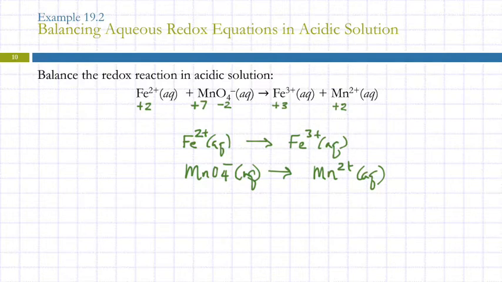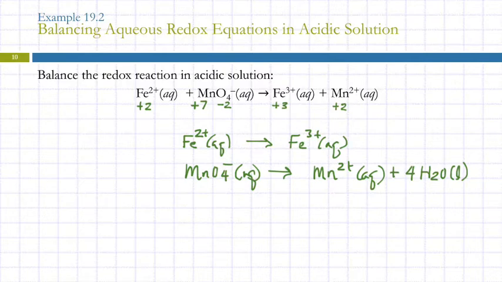This is a reaction that's happening in aqueous solution. There is water everywhere. So I can add H2O over here, and that's fine. So there's 4 oxygens, so I need 4 water molecules. So that's what happened to the oxygen.